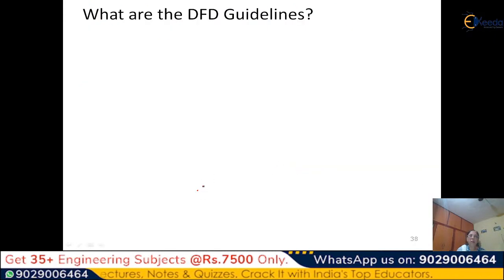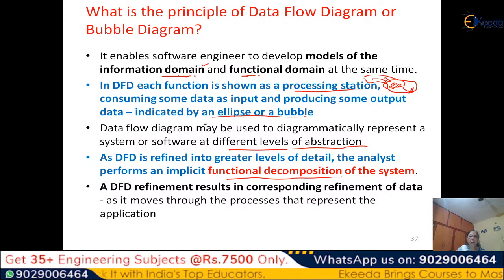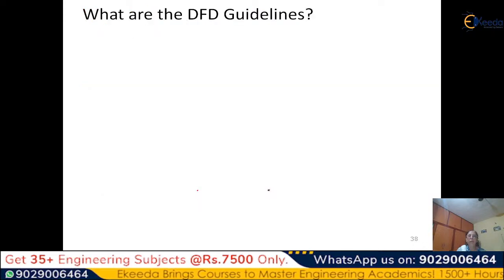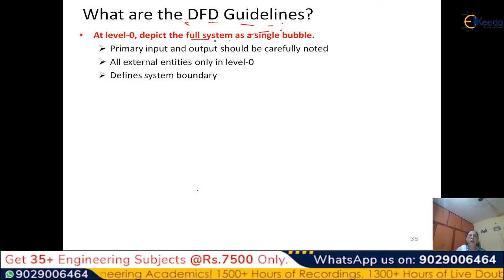A DFD refinement results in a corresponding refinement of data as it moves. That's fine, we have already discussed it. So are there any DFD guidelines? Can you create a guideline for how to create this DFD?